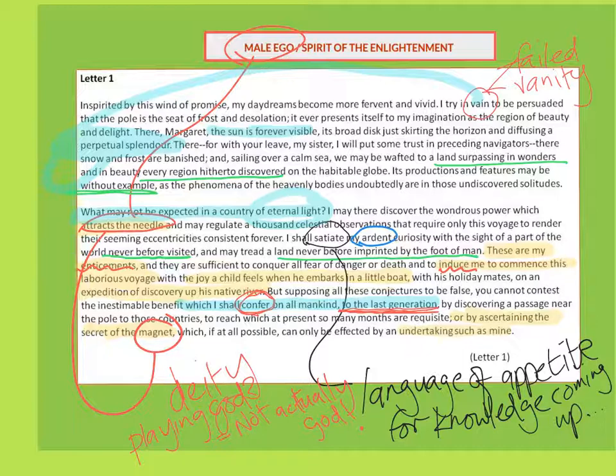And finally, on our little introduction to much of the male mindset here of pioneering Enlightenment figures, how do you solve a problem like a feminized nature?